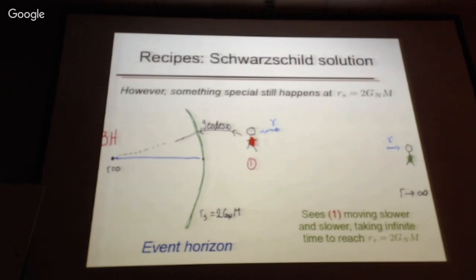So, even though the Schwarzschild radius is not a singularity, there's still something funny happening there, and we'll see what happens.